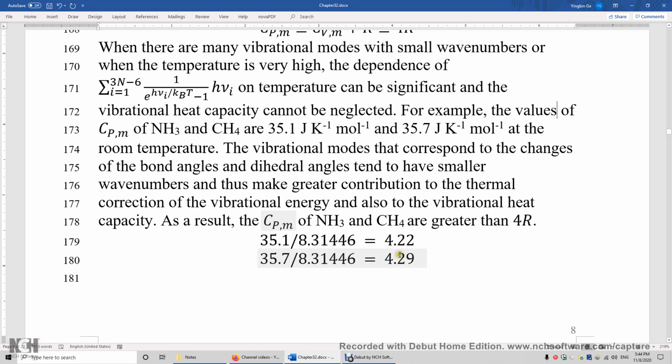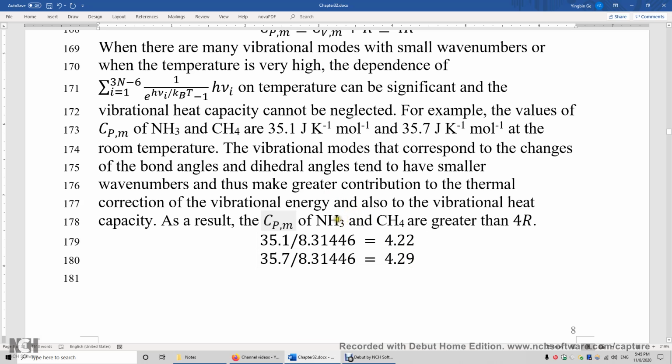So both numbers are greater than 4. So the molar isobaric heat capacity of ammonia and methane are both greater than 4R. Not much greater, but about 5% greater than 4R, and this is about 7% greater than 4R.